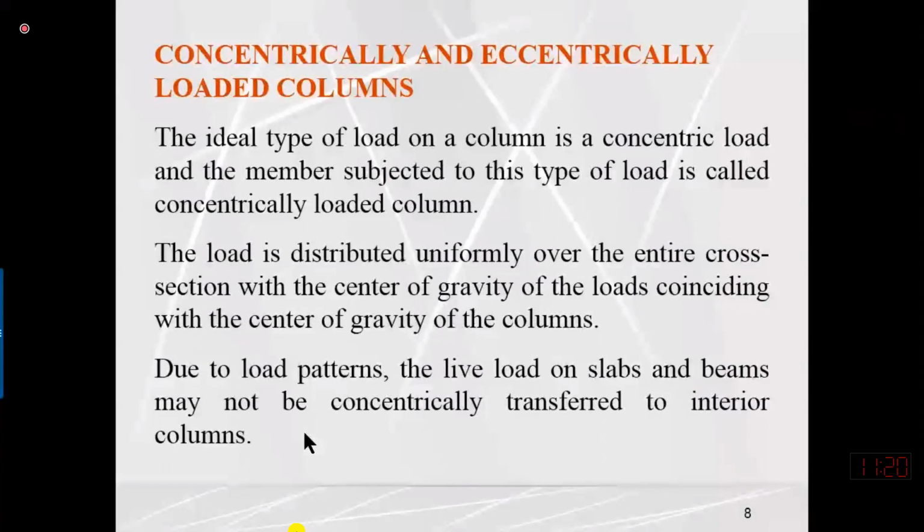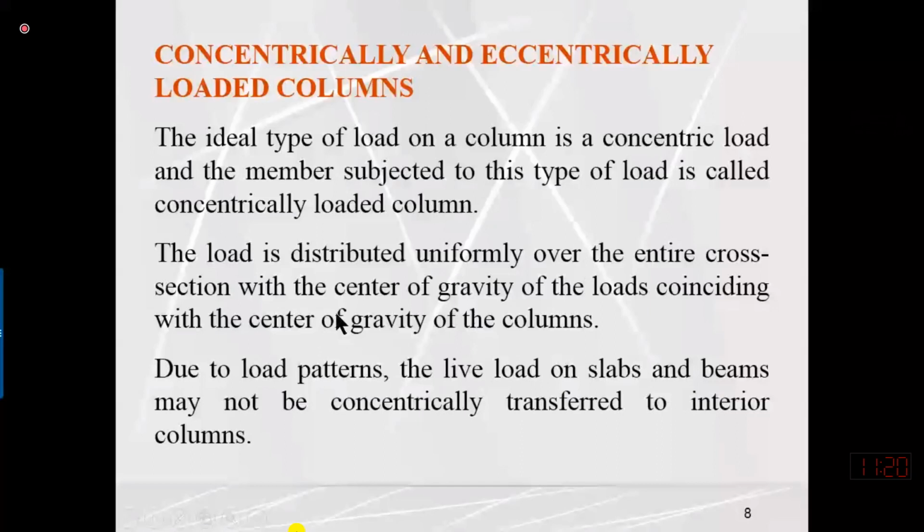Maybe it is due to the initial deflection and due to the eccentricity of load. So the ideal type of load on a column is concentric. Concentric means that the load is exactly passing through the centroidal or theoretical center of the column, and the load is distributed uniformly over the entire cross section.